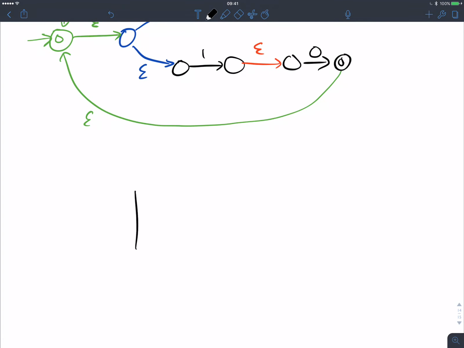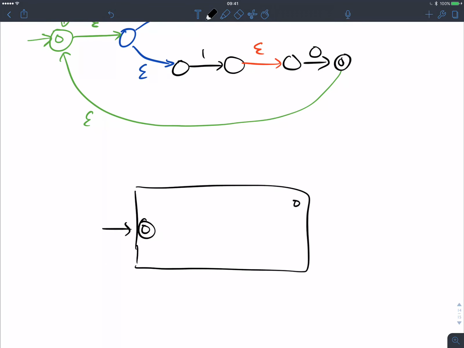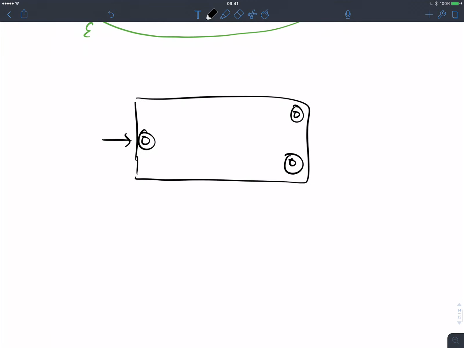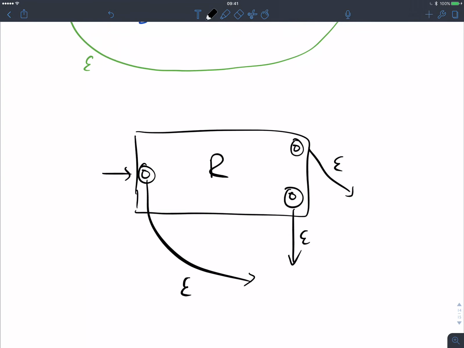If I want to use R, I'm going to make a black box that has the start state there and the final states there, and then I can connect these up however I like. So then I'm going to call that R. It doesn't literally have to be a black box, but using a diagram like this without having all the details is really helpful. It's a little bit like when we're doing microprocessors with CSE120. Yeah, it's just an abstraction from what's really going on.